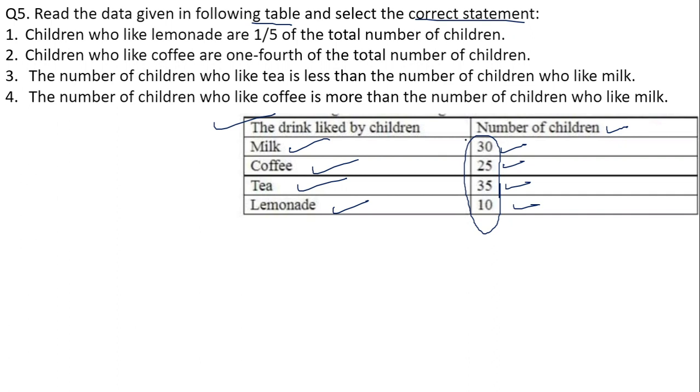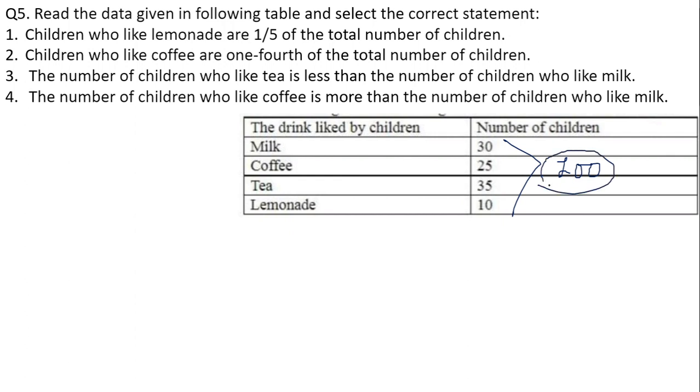Okay, 30 plus 10 is going to give me 40, and 40 plus 25 and 35 is going to give me a total of 100 students. So there are total 100 students. Out of total 100 students, 10 students like lemonade.